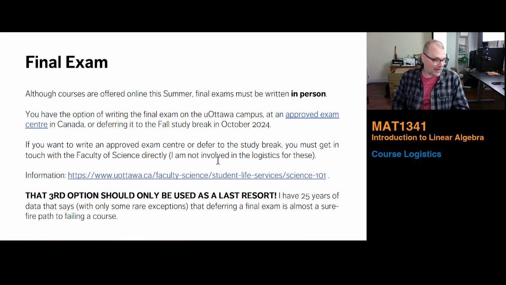If you have the ability to write when you're supposed to write it, it is entirely to your advantage to do so. Think about it. October 2024, it's about midway through the month. You will not have studied or touched on linear algebra since July 26.